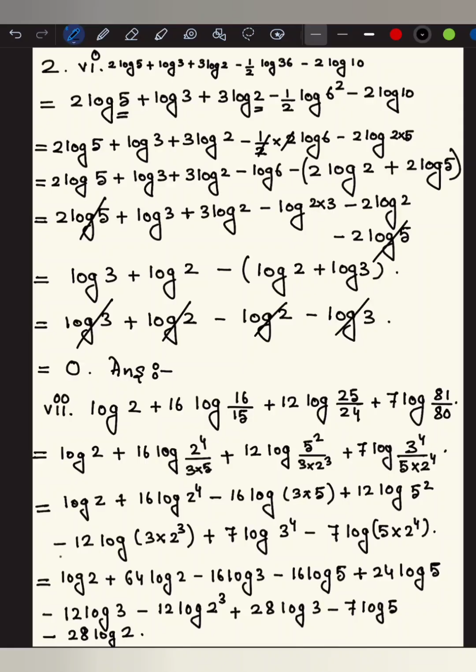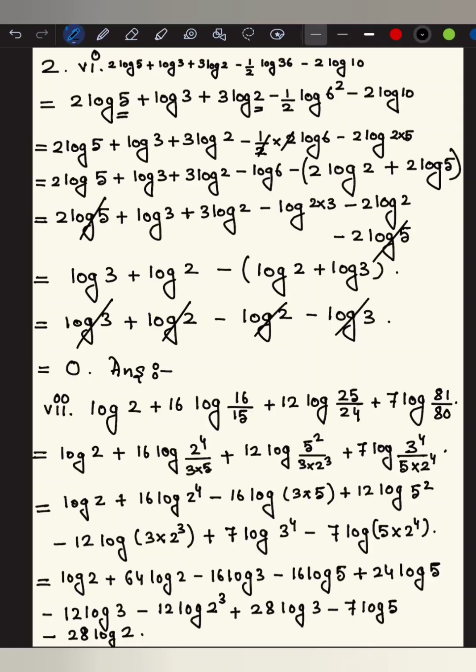Minus 12 log 3 into 2 cube can be written as minus 12 log 3 minus 12 log 2 cube, again plus 7 log 3 to the power 4, that means 4 gets multiplied by 7 and it becomes 28, so plus 28 log 3, minus 7 log 5 minus 7 log 2 to the power 4.